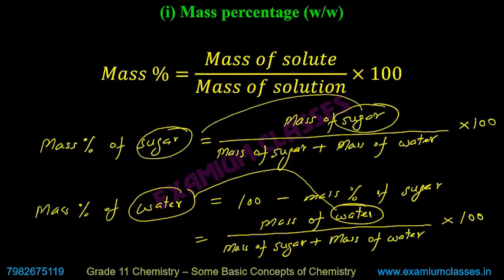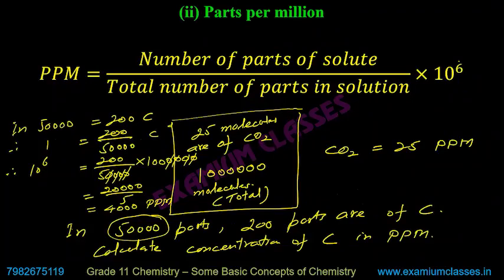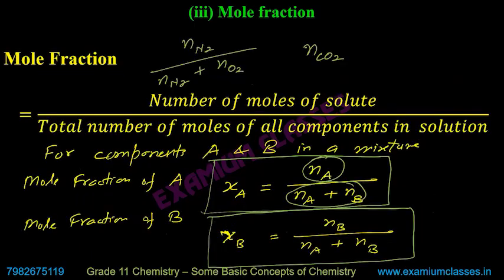That is, mass of one component divided by the mass of all components, whether two or three, into 100. Next, parts per million is how many parts there will be in 1 million total parts. Similar to percentage, where we have out of 100, in ppm we have out of 1 million.